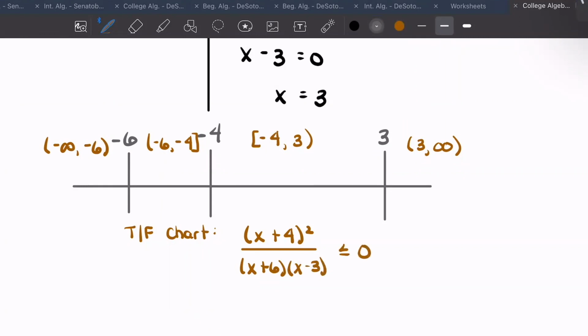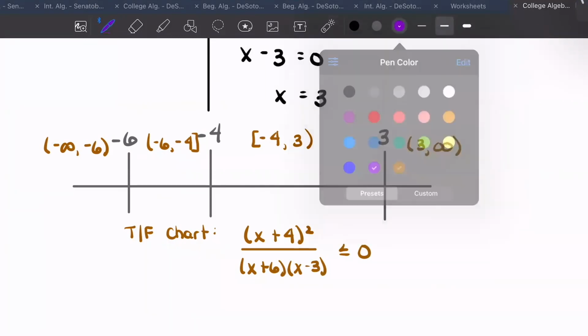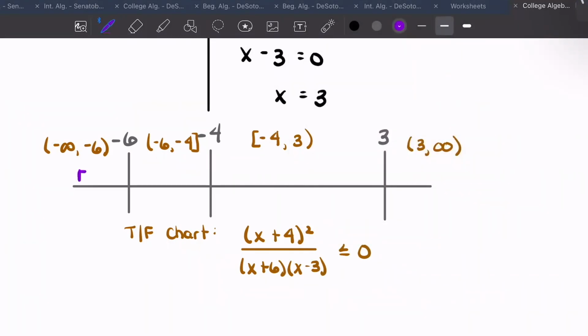I'm going to save us some time here. And we would pick numbers, we would plug them in, and we would get false, true, true, false.